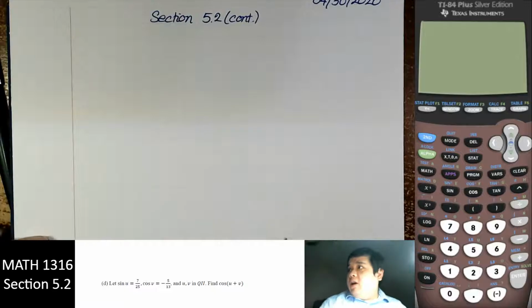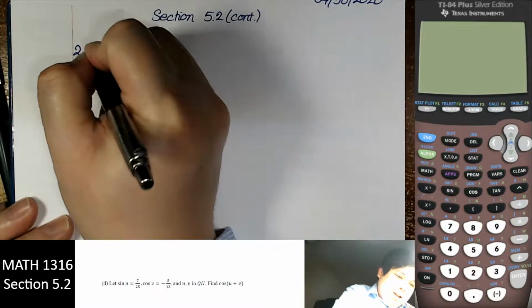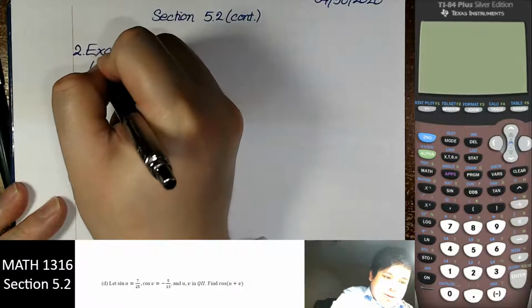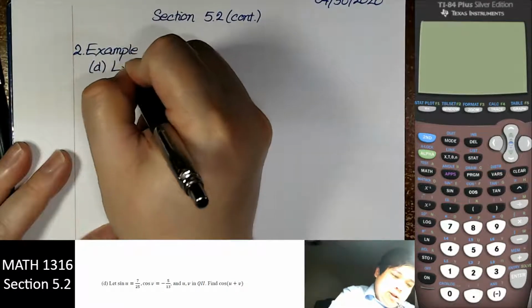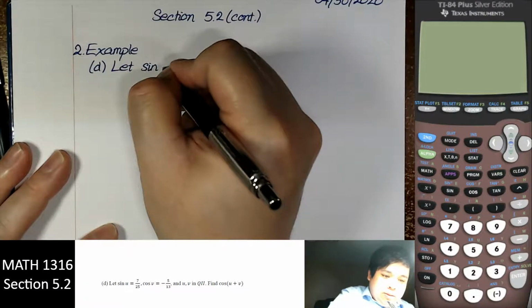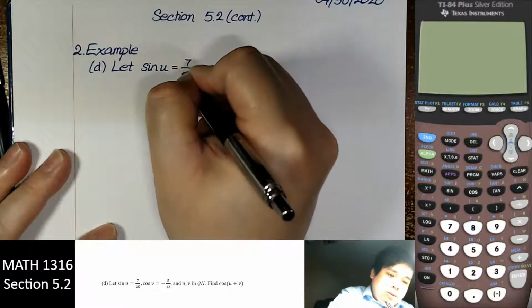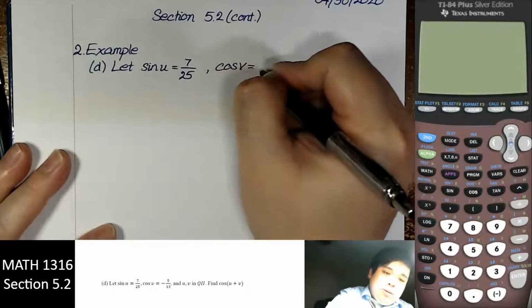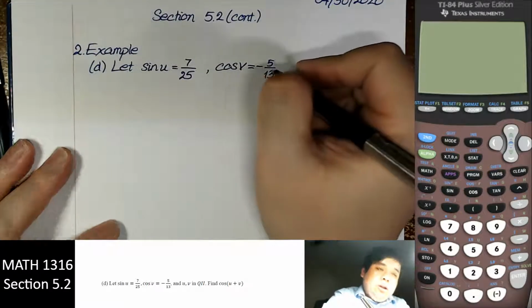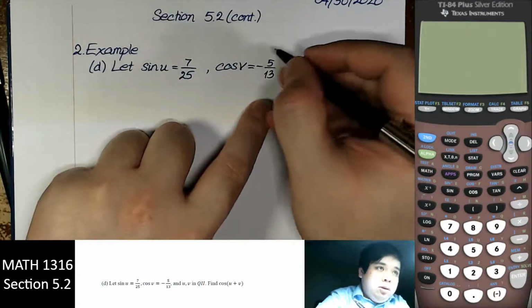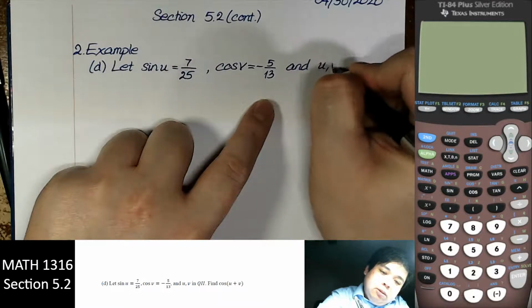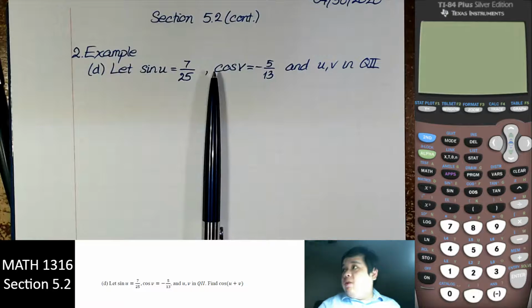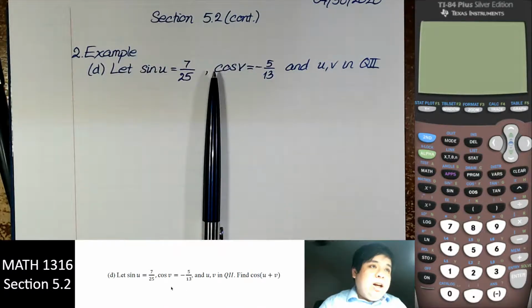Right. So on that sample here, we have sine u is 7/25, cosine v is -5/13.